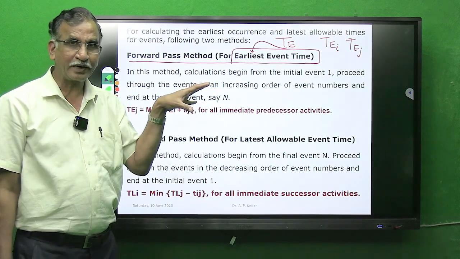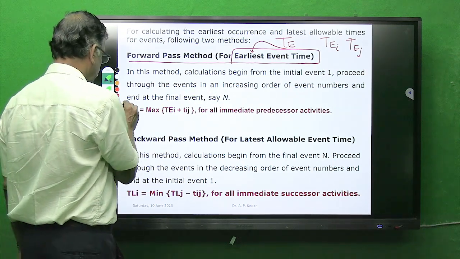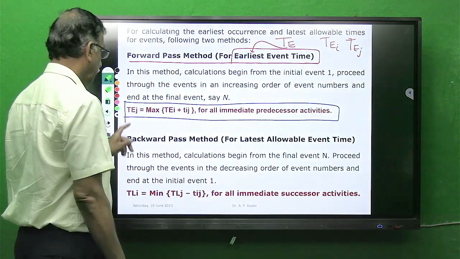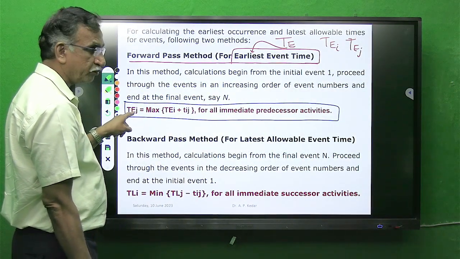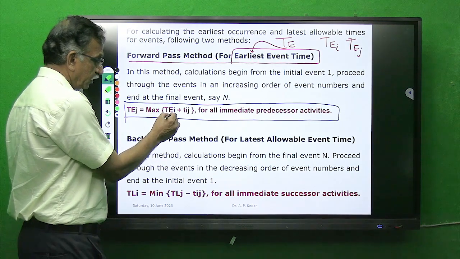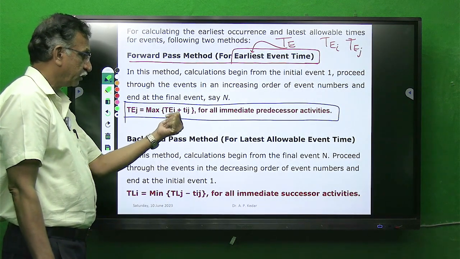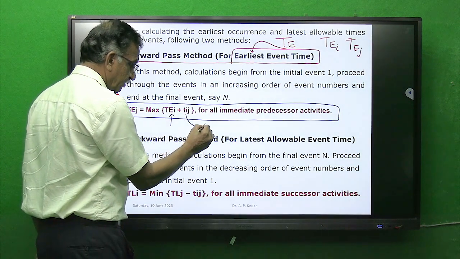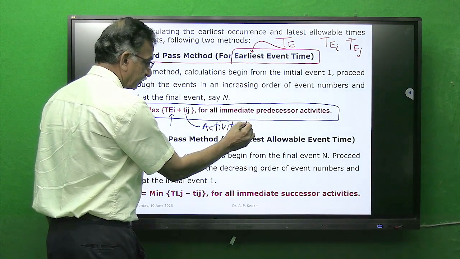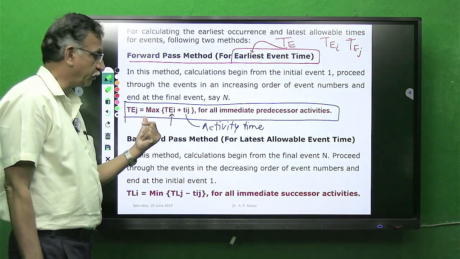Based on what we studied, in forward pass calculation you have to use this formula for calculating TE of J. J is the successor event, the maximum of the time available at TE of I, this is the predecessor event, plus the activity time.